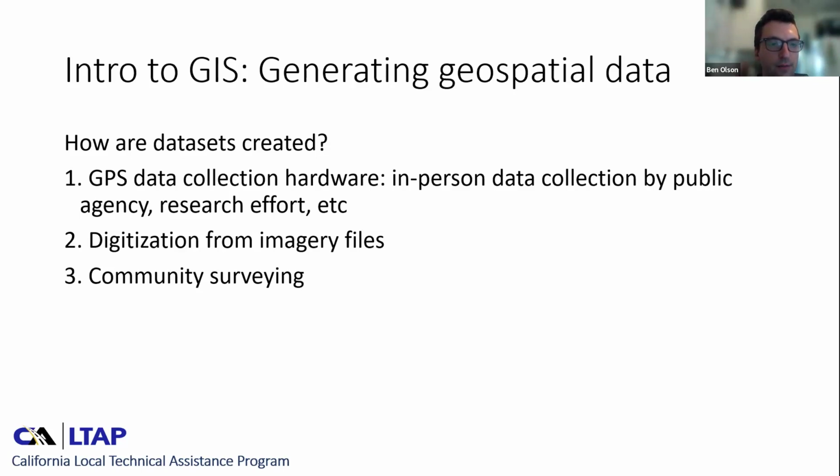And then the third way is community surveying. You can think about this as something like a survey that would go out, maybe you'd get it to your email or to your phone, or you find it on social media. It's a public agency or research organization looking to gather some community feedback. Maybe there's 5 questions about something that's going on in the community, and one of the questions asks for a location. Maybe it's a GPS enabled location.